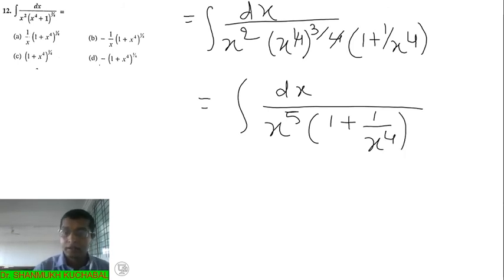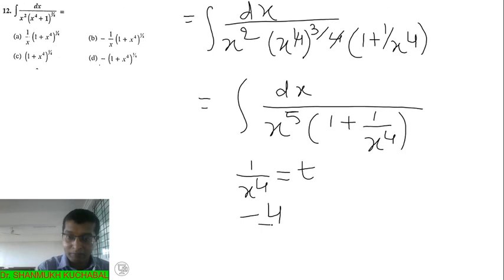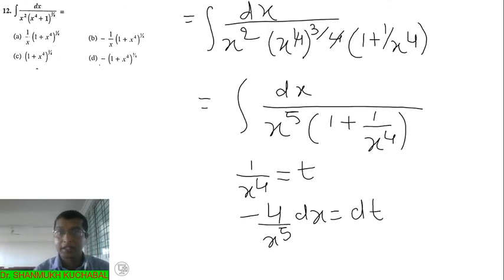So further, I use the method of substitution. 1 by x raised to 4, I take as a new variable t. So differentiating, we get minus 1 by x raised to 5 dx equal to dt. We are interested in getting dx divided by x raised to 5. So dx divided by x raised to 5 equal to minus dt divided by 4.